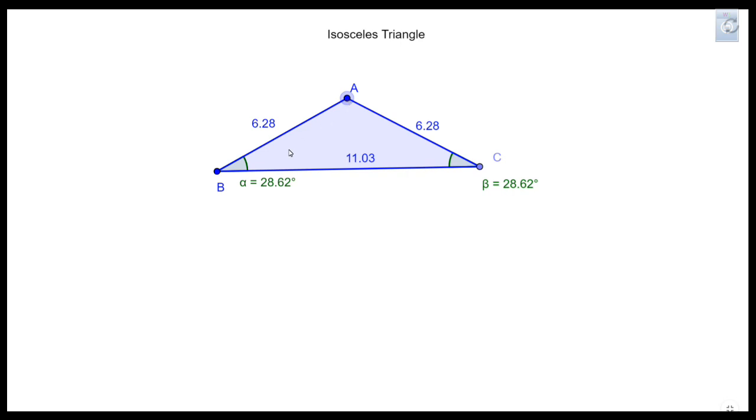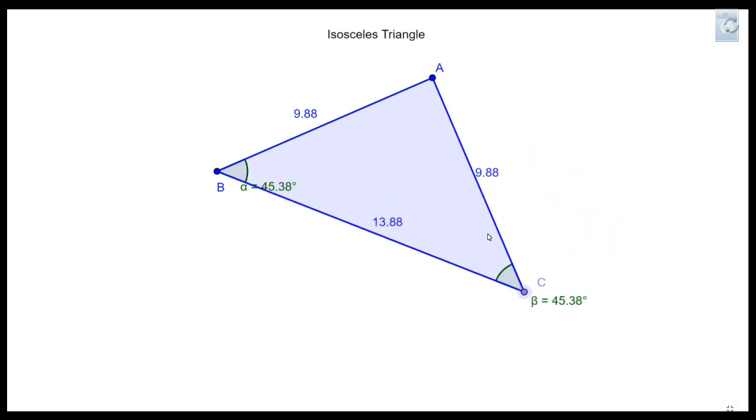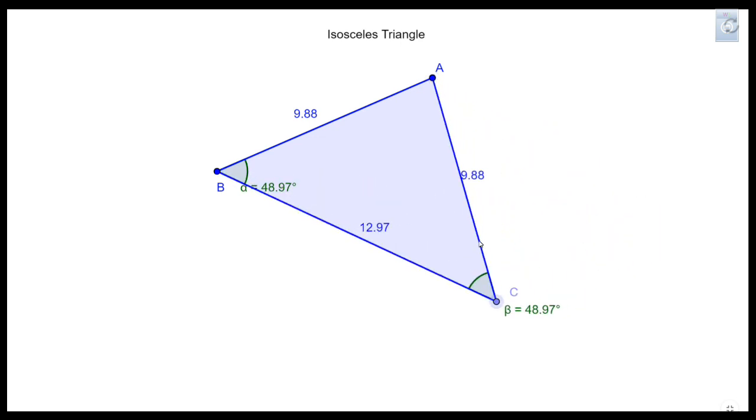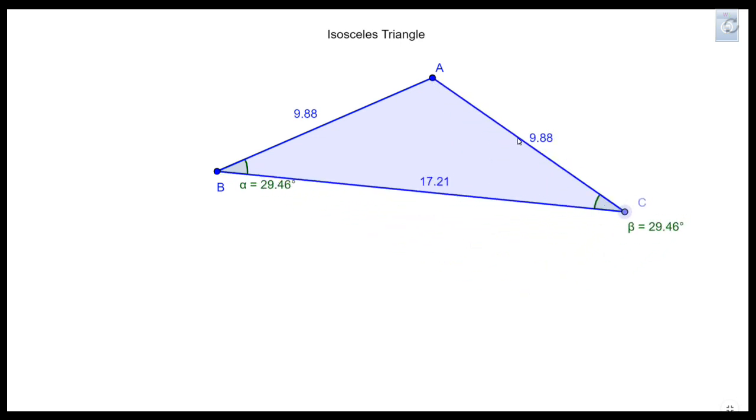Now, if we look at the base of these 2 sides, these 2 angles seem to always be the same. If I change this triangle, no matter what, the angles at the base of these 2 equal sides are always equal themselves. So those angles are always the same in an isosceles triangle.